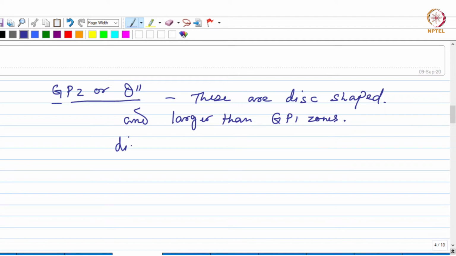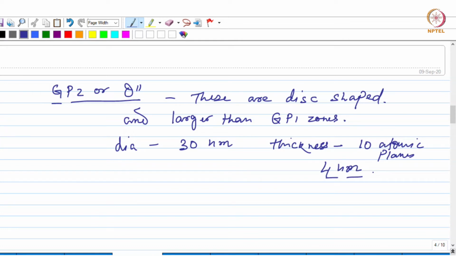Talking about the size of GP2, the diameter is about 30 nanometer and the thickness is about 10 atomic planar distance. That's typically about 4 nanometer. That's the thickness. Okay. But their number is lesser compared to GP1.